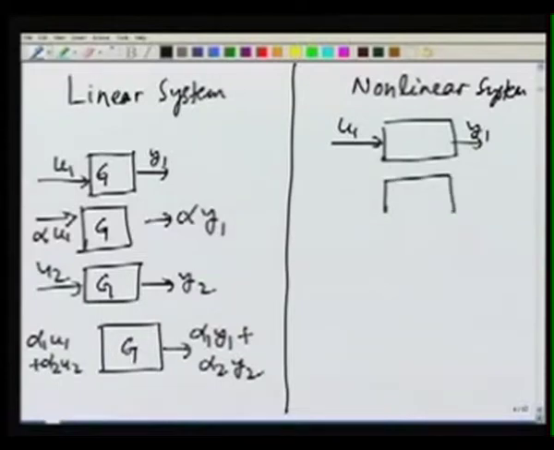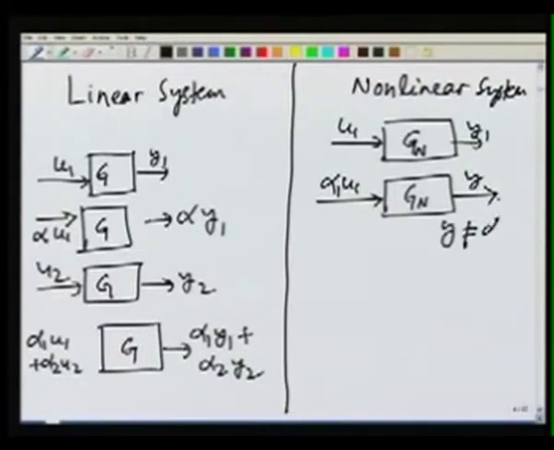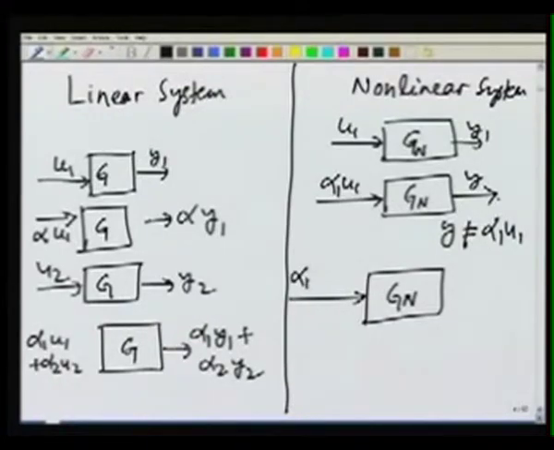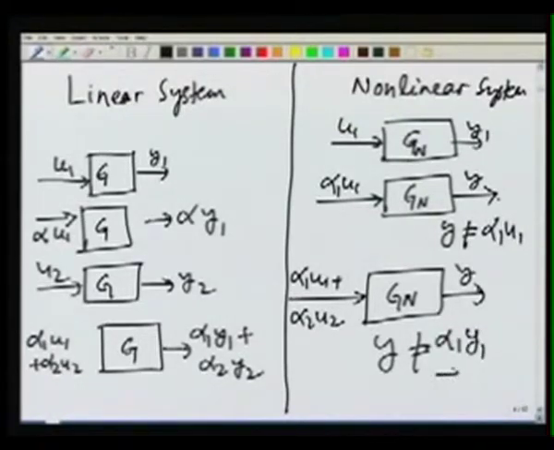For the same system G, nonlinear, if I give an input alpha 1 u1, the output y is not equal to alpha 1 y1. Similarly, if I provide the input alpha 1 u1 plus alpha 2 u2, the output y is not equal to alpha 1 y1 plus alpha 2 y2.